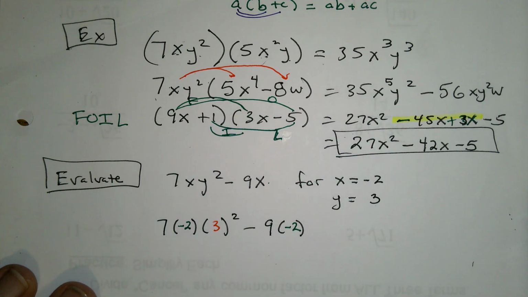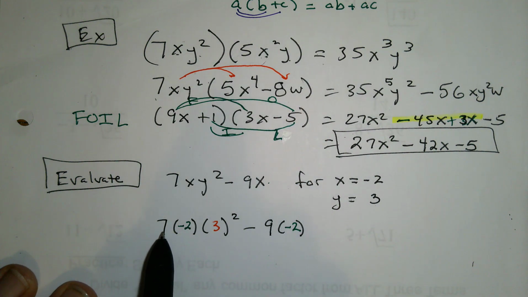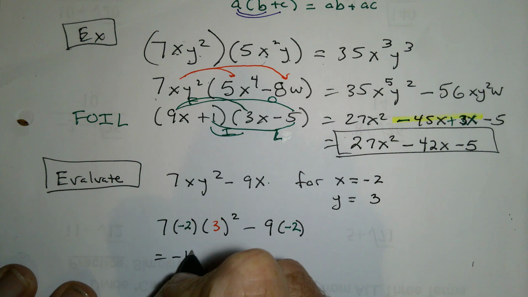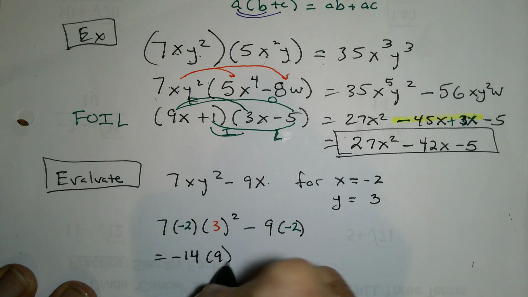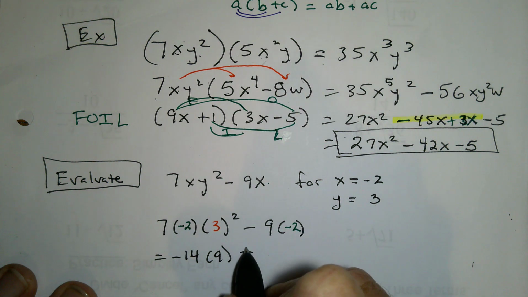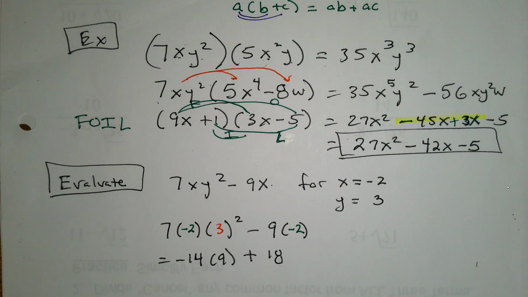So it's just a matter now of maybe doing some math or your calculator here. This is 7 times negative 2 equals negative 14 times 9, minus a negative 9 times a negative 2 will be positive 18, and then we've got to multiply times 9.